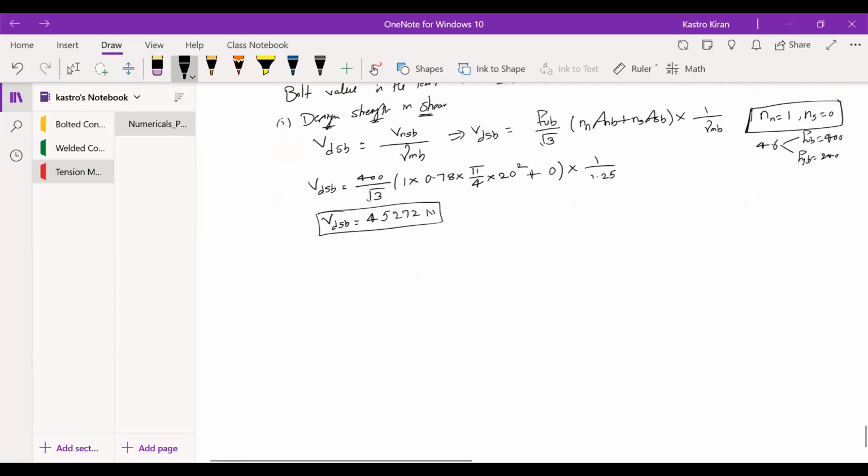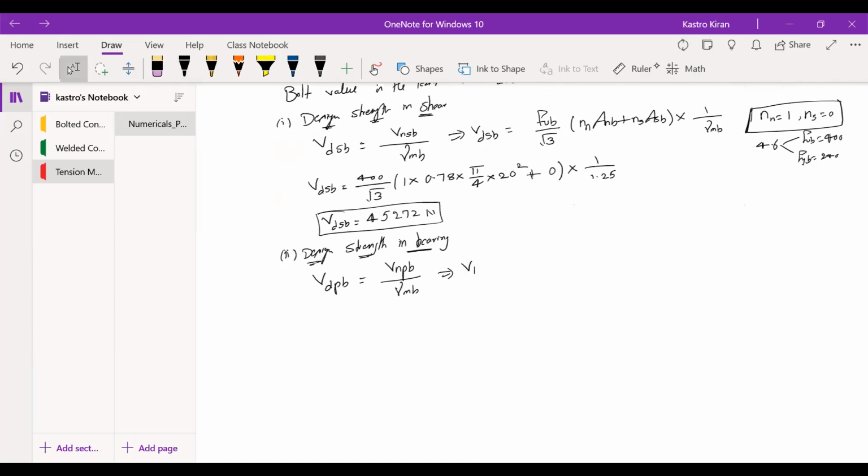And again, we have to find out the design strength in bearing. So what is the formula to find out design strength in bearing? It is VDPB equals VNPB by gamma MB, right?